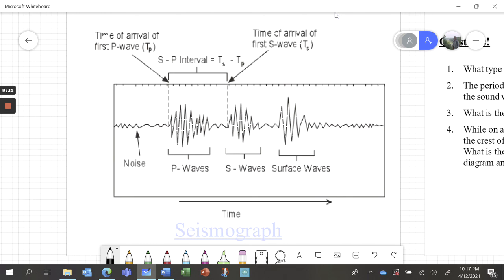So the seismograph will pick that up first, and then the S waves, the much slower moving waves, will come afterwards. So whenever you see a seismograph, you will get an initial spike that is your P wave. Then all the spikes after that are just S waves.